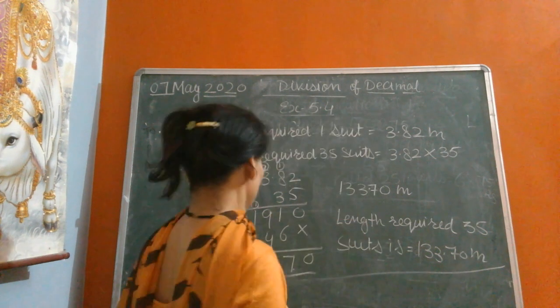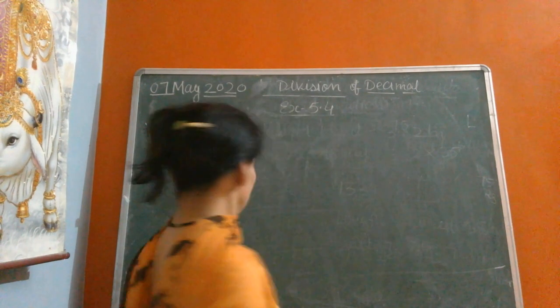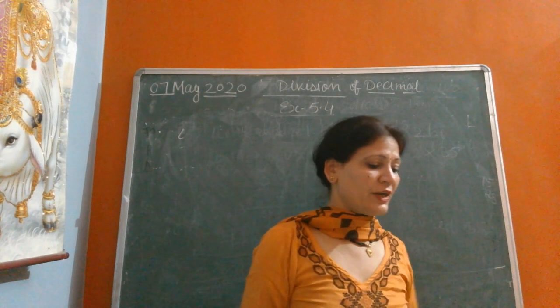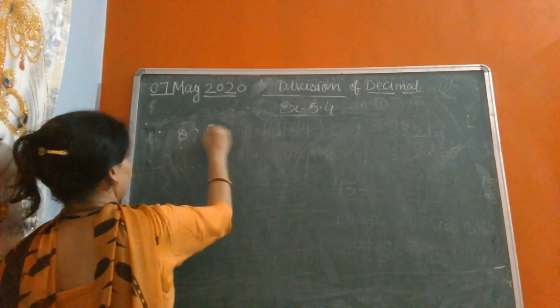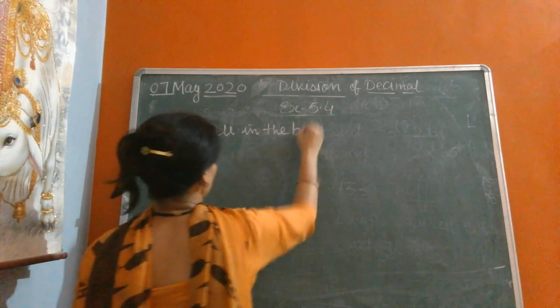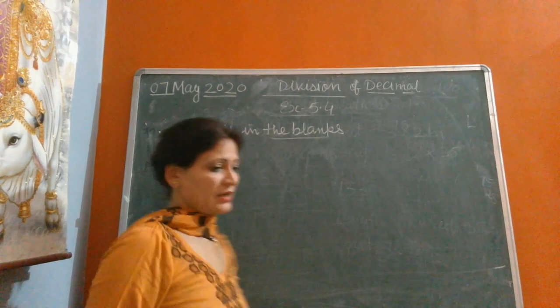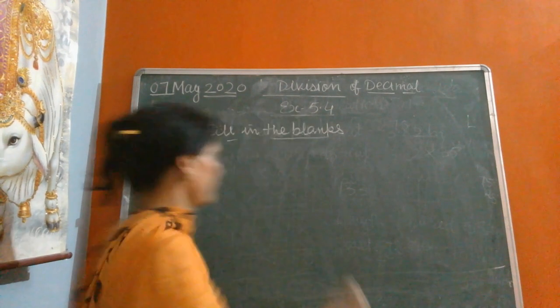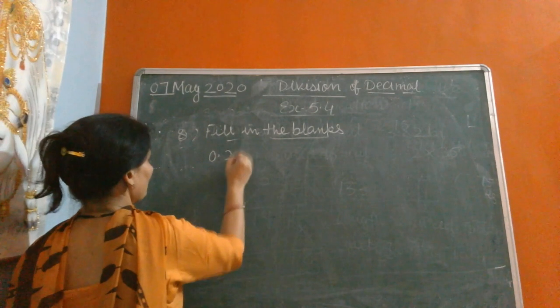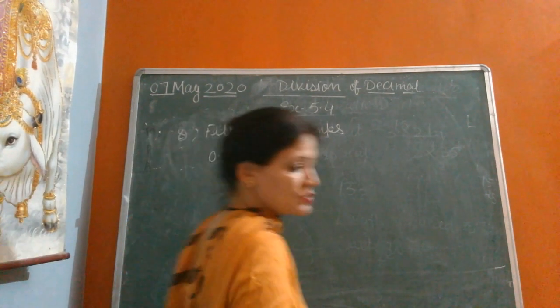Now question 8. Question 8 is fill in the blanks. 0.257 multiplied by dash, the answer is 257.